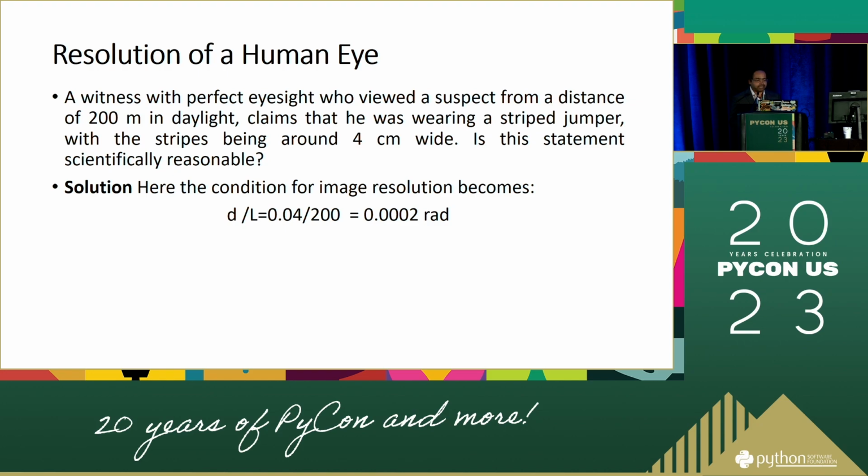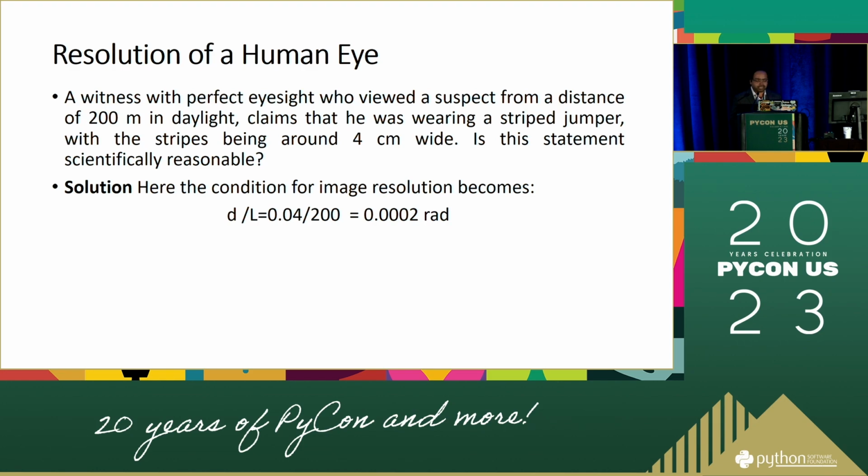Now let us consider an example. A witness with perfect eyesight who viewed a suspect from a distance of 200 meters in daylight claims that he was wearing a striped jumper with the stripes being around 4 centimeters wide.